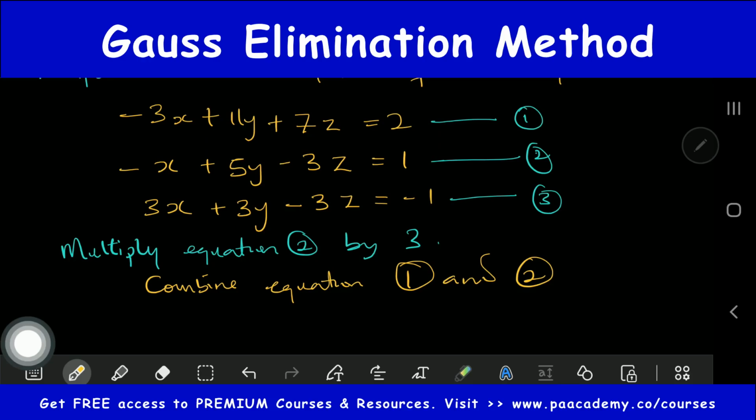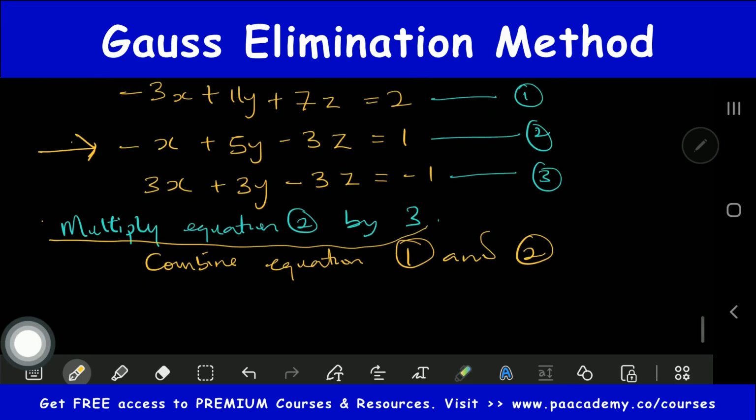In combining them, I want to do it such that I'm subtracting equation 2 from equation 1, so that one of these values, either the x, y, or z, will be eliminated. For this, I want x to be eliminated. That's why we are multiplying equation 2 by 3.